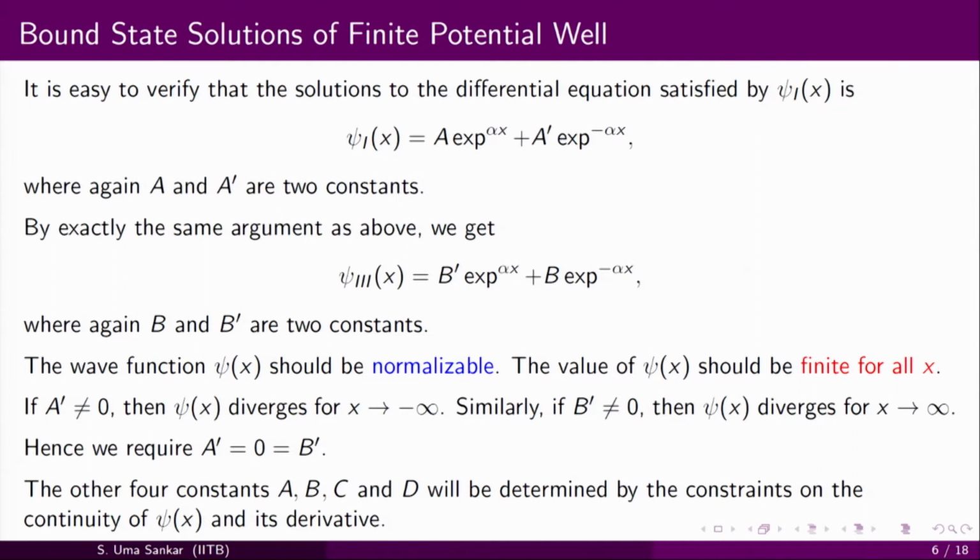And as I told you, exactly same equation holds for the wave function in region 3. So, psi 3 is some other linear combination of e power alpha x and e power minus alpha x.